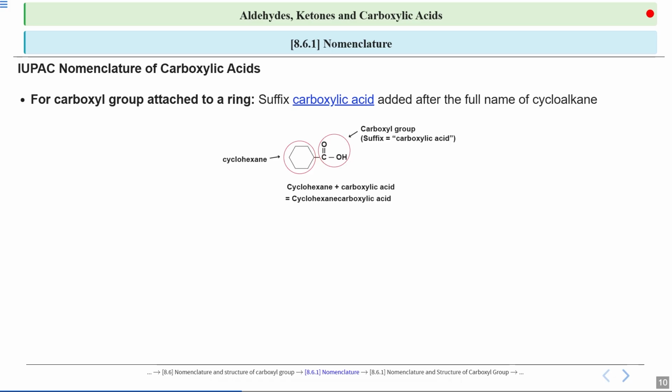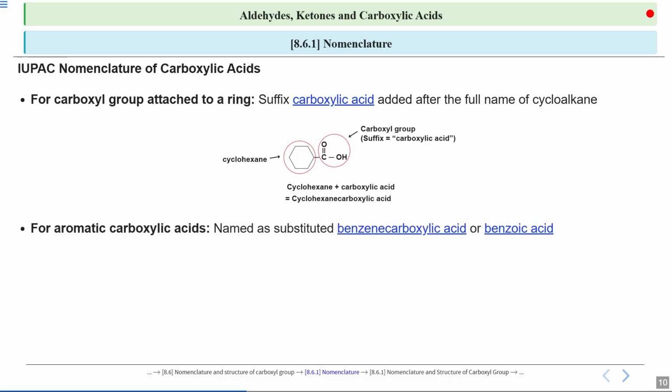In this example, we have a cyclohexane, so the cycloalkane here is cyclohexane, and to that cyclohexane the carboxyl group is attached. So cyclohexane plus carboxylic acid gives cyclohexanecarboxylic acid. Okay, is it clear?